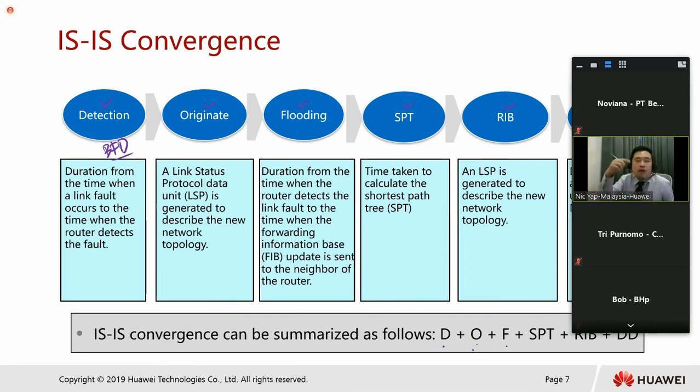How long does it take to flood to the neighbor routers, and how long does the shortest path tree calculation take? This is normally either ISPF or PRC, depending on whether you add a new node or just add a route. Then RIP, the routing information base: how long they take from the RIP to the FIP, from the control plane to the data plane.